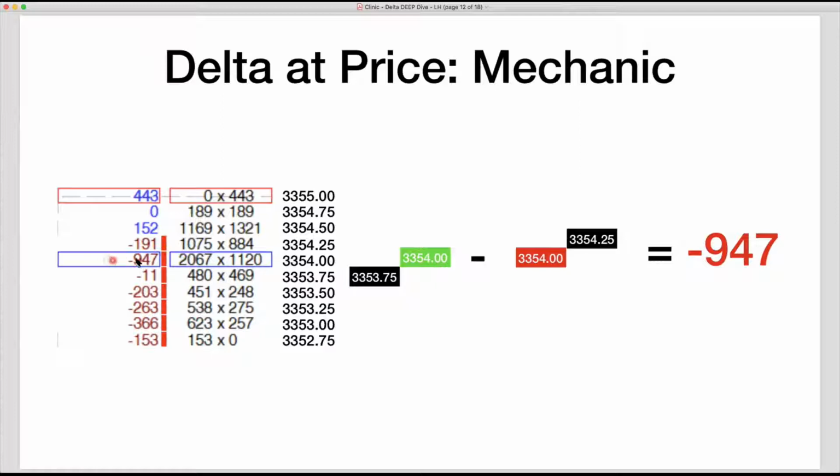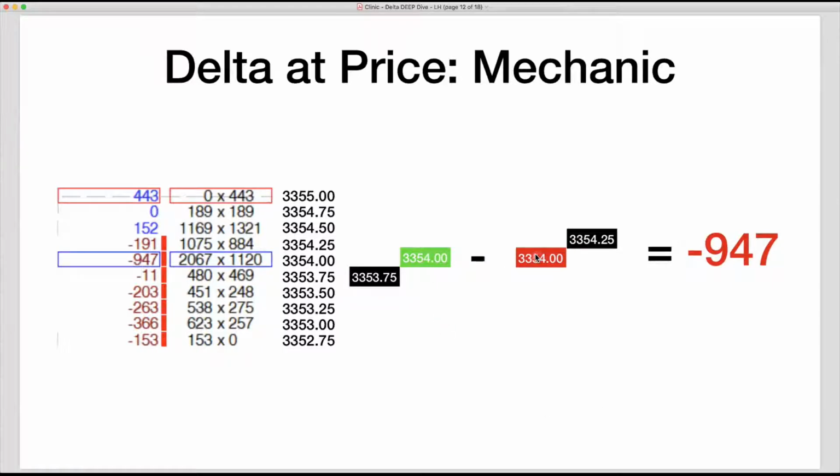So the delta at price, the horizontal delta, is how much aggressive buying happened at 54, 1,120 contracts, less how much aggressive selling happened at 54, 2,067 contracts. 1,120 minus 2,067 is negative 947. So this negative 947 is telling us the outcome of, let's think of it as, the market's preference for this price.